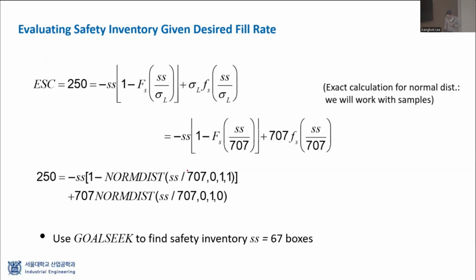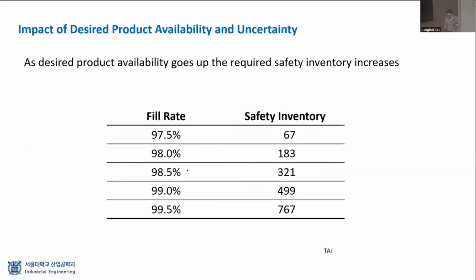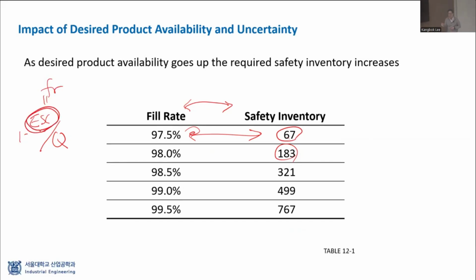Oh, there's so many slides. So I am skipping a lot of slides. Okay. So this is the resulting fill rate and safety stock relationship. Actually, there's no fixed or simple function describing the relationship between the fill rate and safety stock. You actually have to carefully calculate this number based on the fill rate. And you know the fill rate because fill rate is coming from this formula. So you gotta calculate expected shortage.